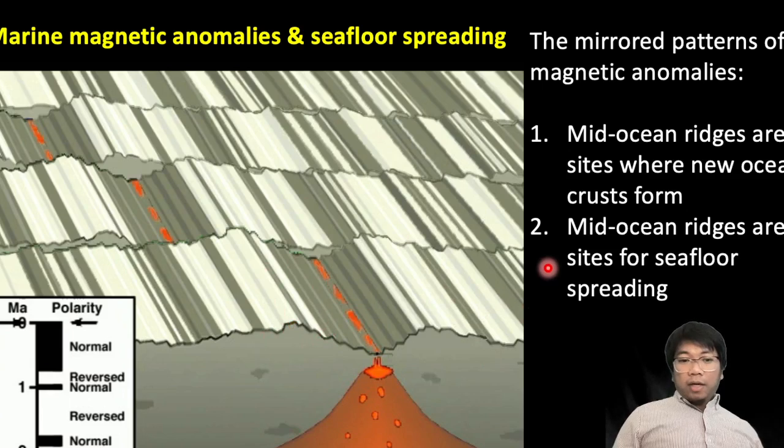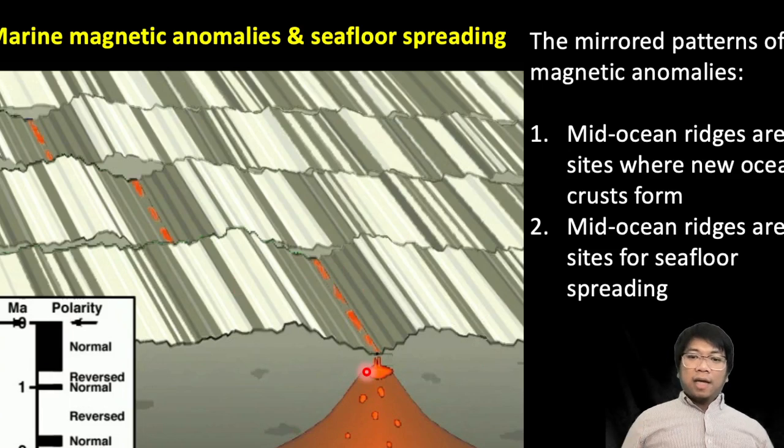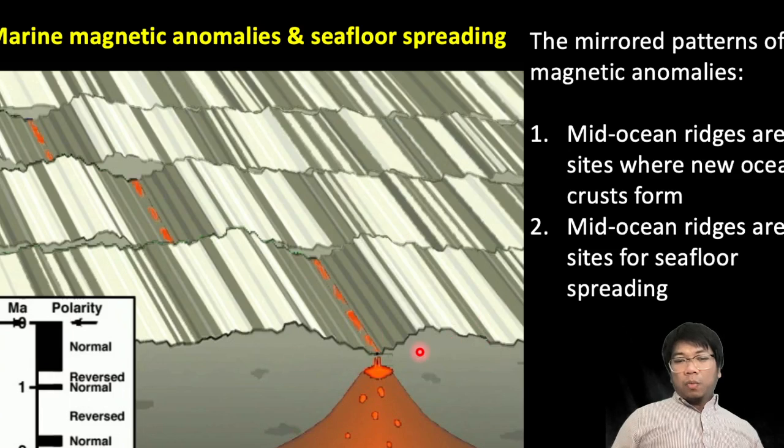And the second one, all of these observations also suggest that the mid-ocean ridges are indeed sites of seafloor spreading, because these two oceanic plates are moving away from each other. It actually allows the materials from the asthenosphere to come out and create new rocks on the surface.